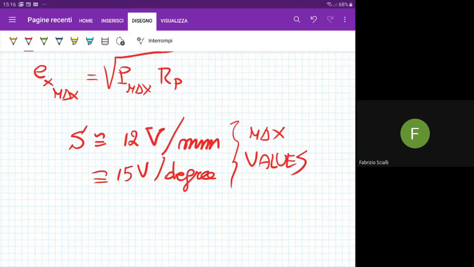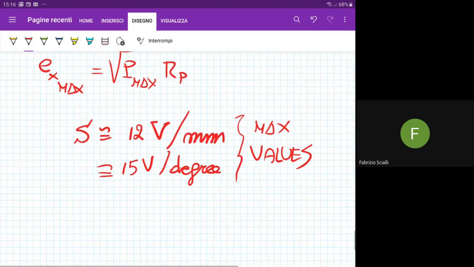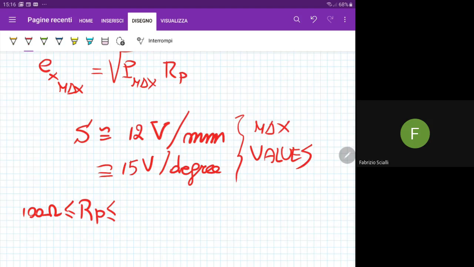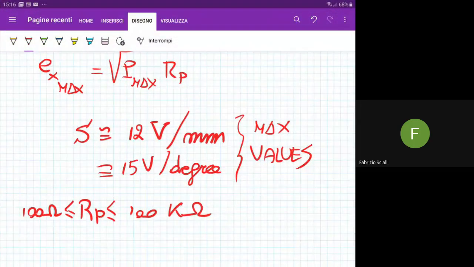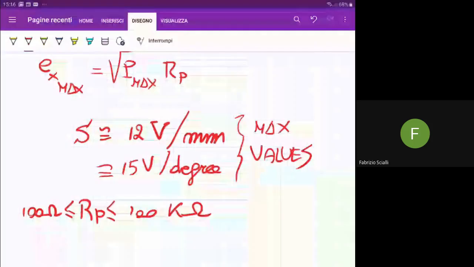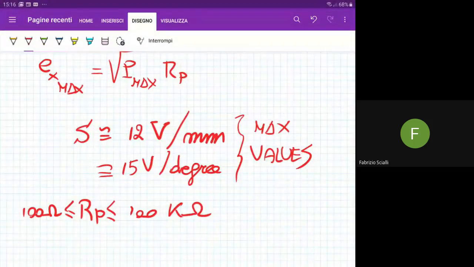And by the way, generally speaking, your RP, the potentiometer resistance, is about 100 ohms through 100 kilo ohms. So there is a variety of transducer potentiometers whose internal resistance has a large number of values, and that of course tells me what the final sensitivity is.